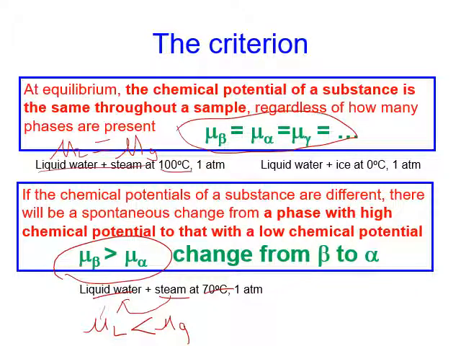Now this also leads to an important conclusion, that if you have two phases not in equilibrium, the phase with low chemical potential is the more stable phase, because the phase with high chemical potential will spontaneously change to the low chemical potential phase, and that will be the most stable phase.